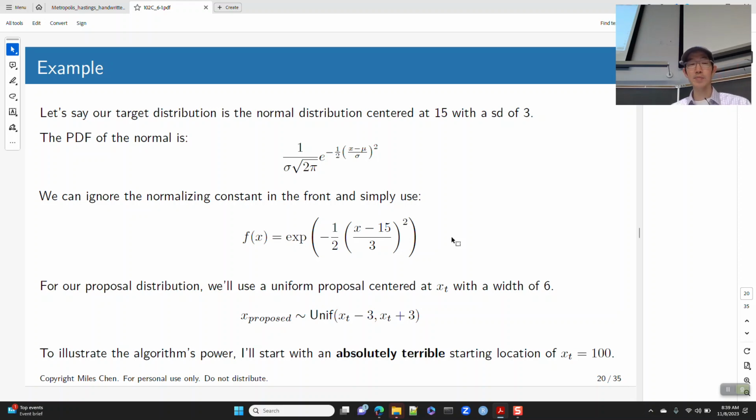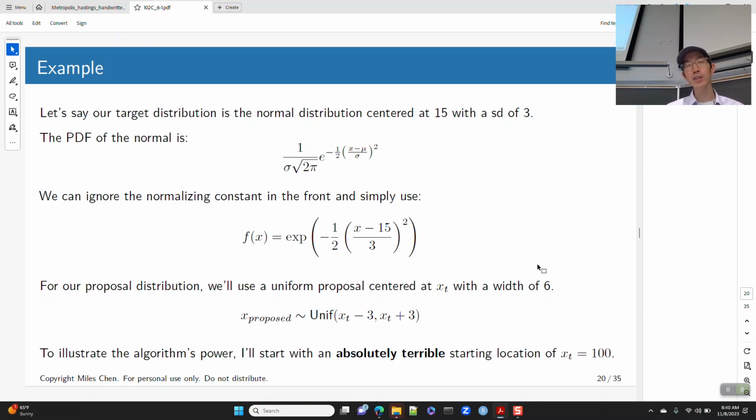And then for a proposal distribution, I will use a uniform distribution centered at x at time t with a width of 6. So we'll go plus or minus 3. Okay? And just to illustrate how this algorithm works and how effective it is, I'm going to start with the really terrible starting location of x, our initial value being 100.